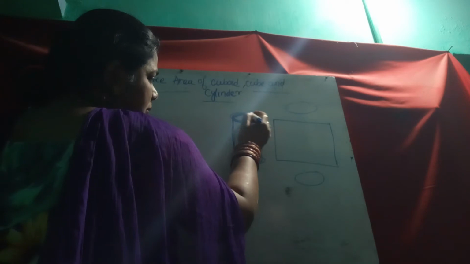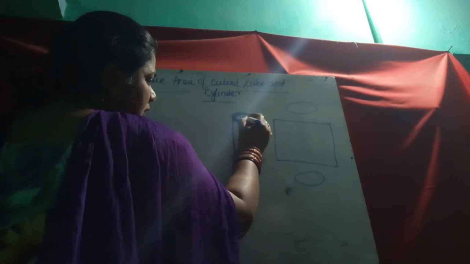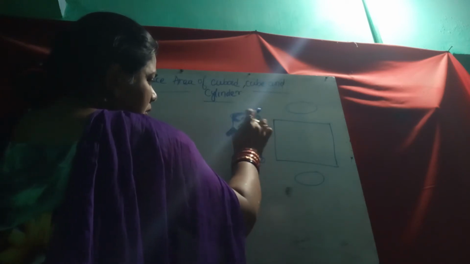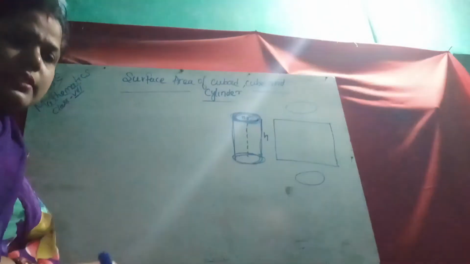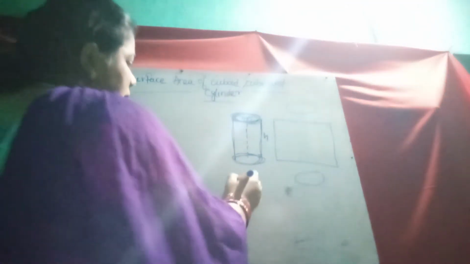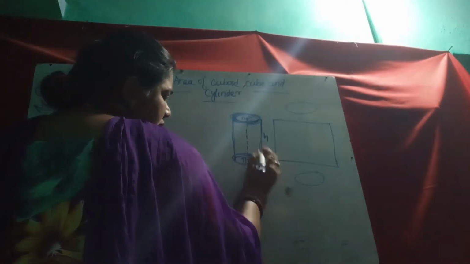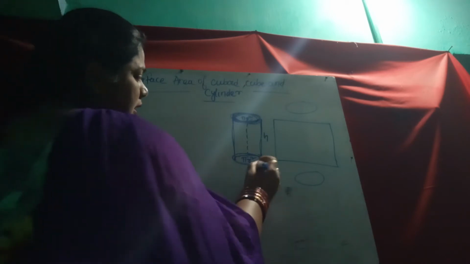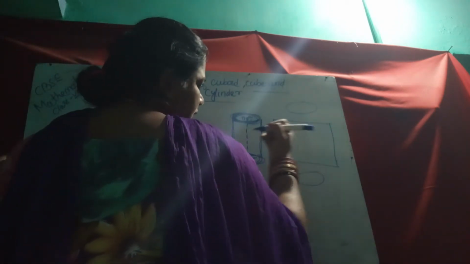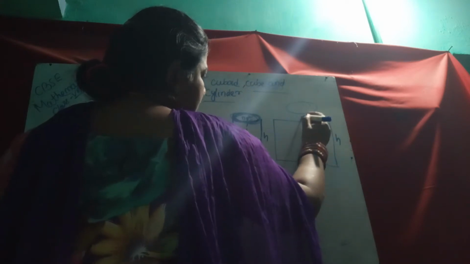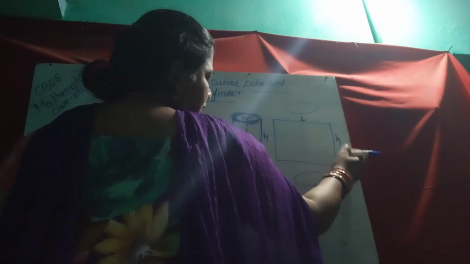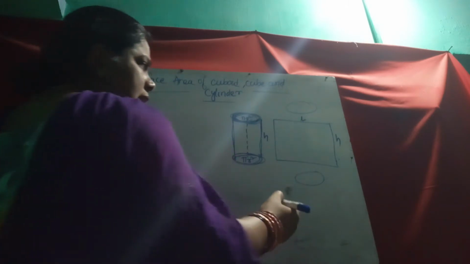The perimeter of the circle is 2 pi r. The area of the circle is pi r square, and below also the area of the circle is pi r square. Here suppose it is a rectangle, with height as one side and length as the other.